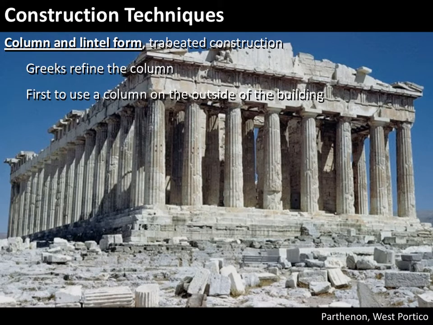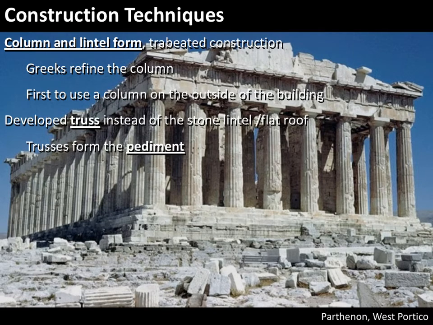Of course, the Greeks refined the column into very specific shapes and sizes and proportions. And they were also the first to use a column on the outside of the building. We've seen columns in ancient Egypt, but they were on the inside of the building. Here, they're actually on the outside. The Greeks were also the first to develop the truss instead of just a flat lintel or a flat roof.